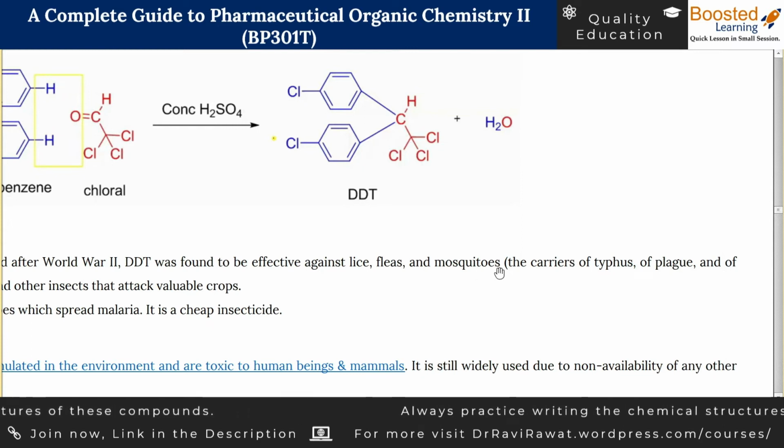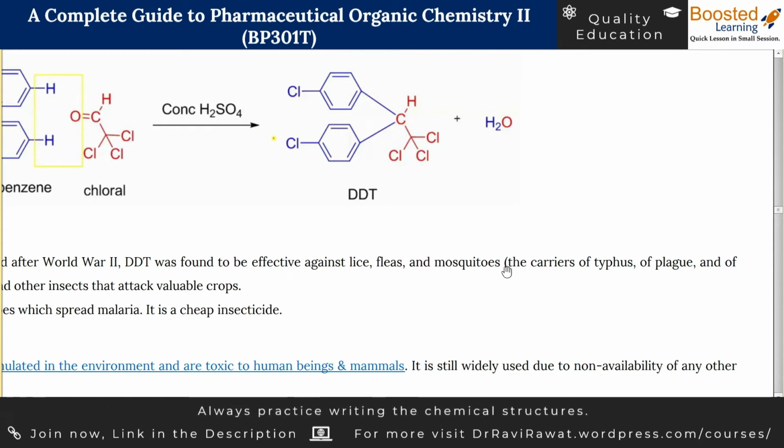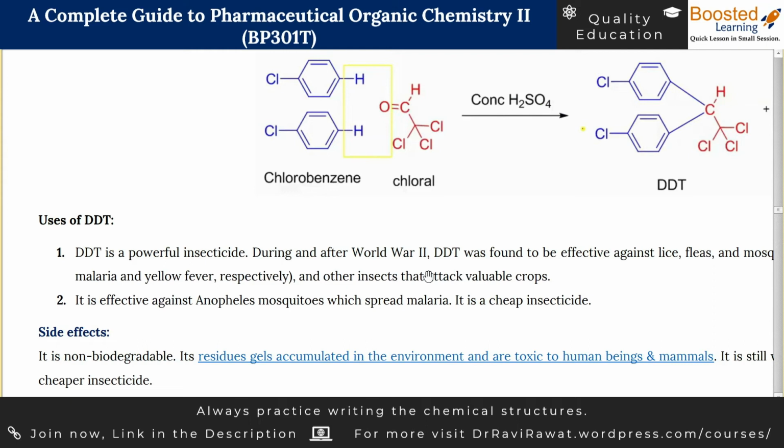Mosquitoes are also observed to be carriers of various diseases that cause infection in humans such as plague, malaria, typhus, yellow fever. So this DDT compound was getting used to kill mosquitoes because the mosquitoes are the reason that such infective diseases get spread.